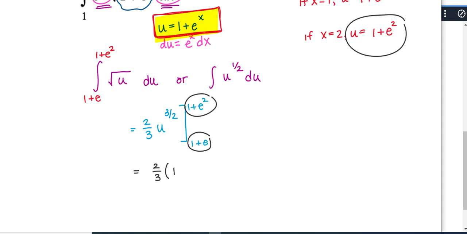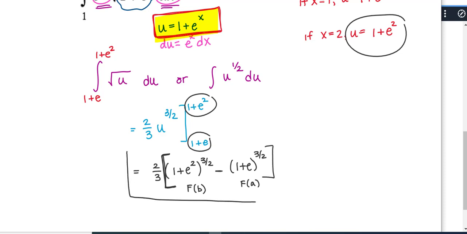So I'll put in the upper bound first. 1 plus e squared to the 3/2. And I'm going to leave the 2/3 as a coefficient of everything. So you'll notice I just put these brackets here, because then here's my capital F of b, right? My antiderivative at my upper bound minus antiderivative at the lower bound, which will be 1 plus e to the 3/2.